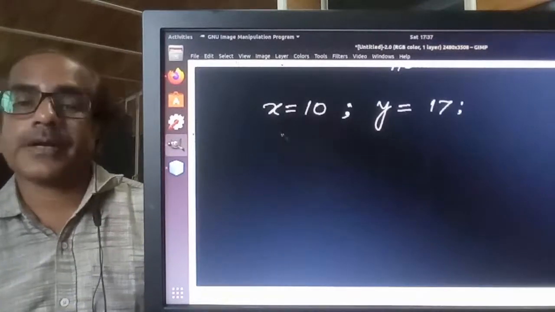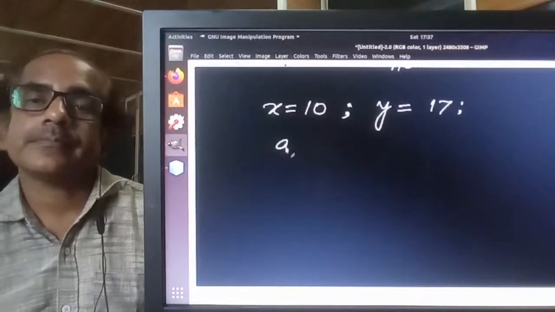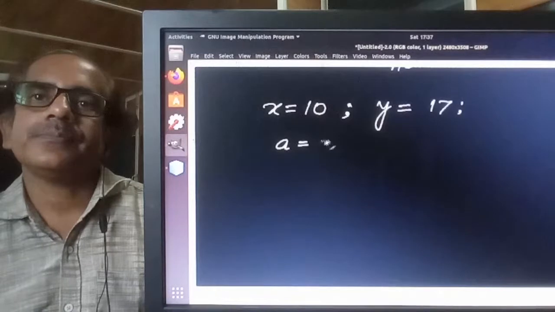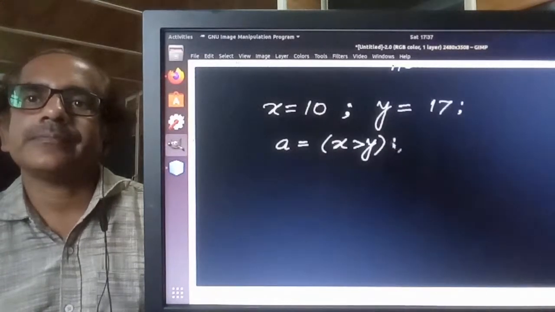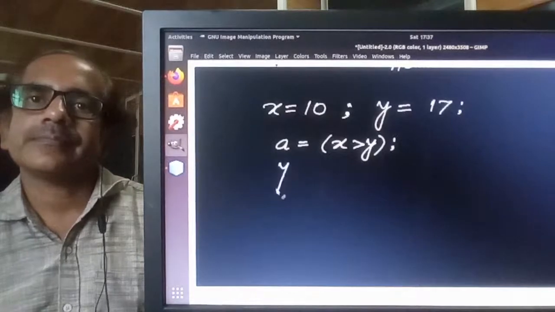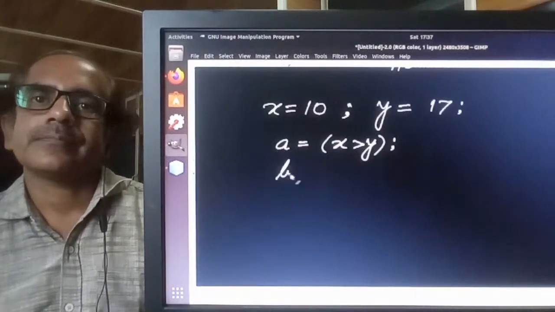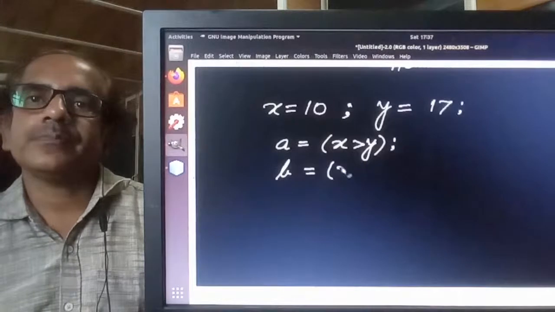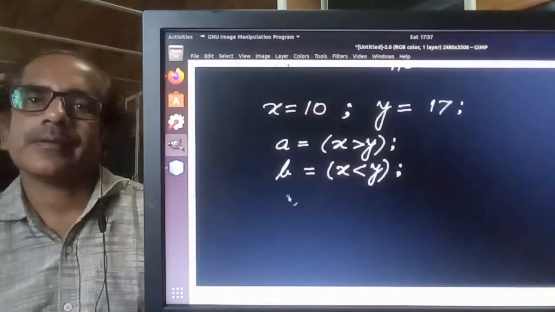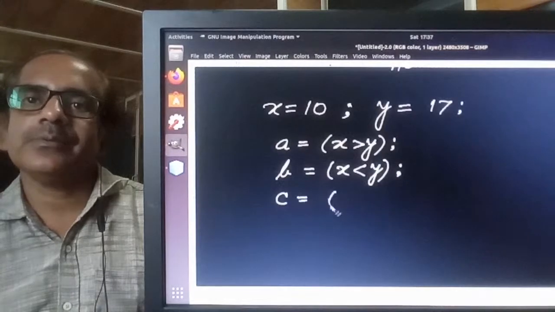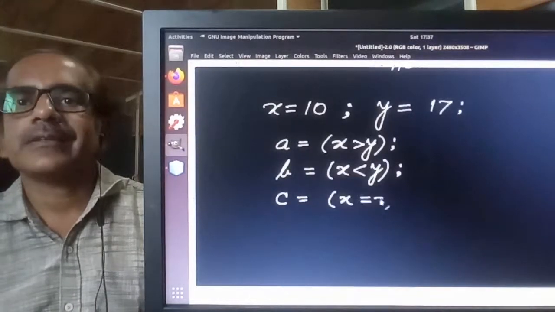You may write a equal to x greater than y, b equal to x less than y, c equal to x equals y.